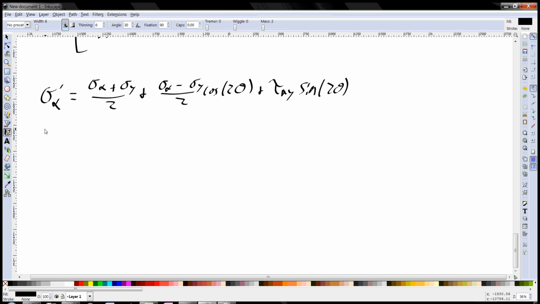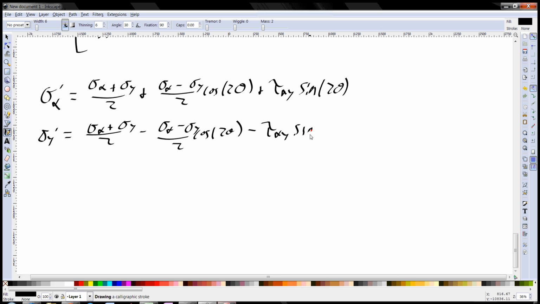And there are two other equations for stress in the y direction and shear that we were not given in class, but those are denoted by stress in the y equals stress in the x plus stress in the y over 2 minus stress in the x minus stress in the y over 2 cosine theta minus shear times the sine of 2 times our angle.